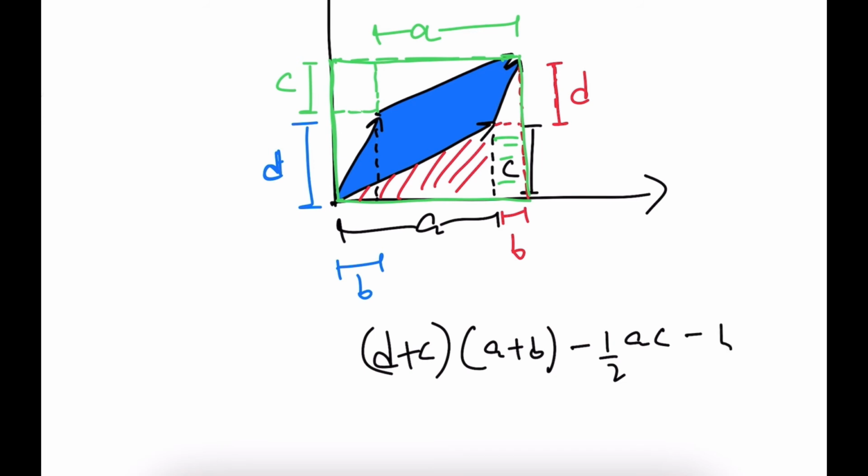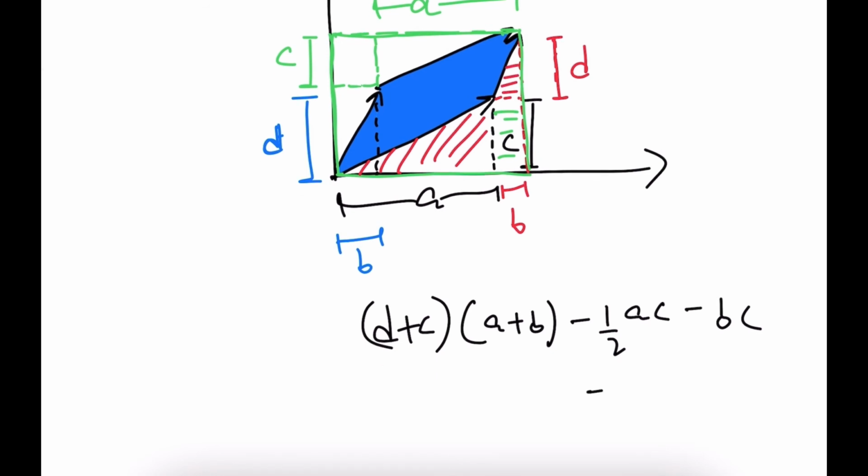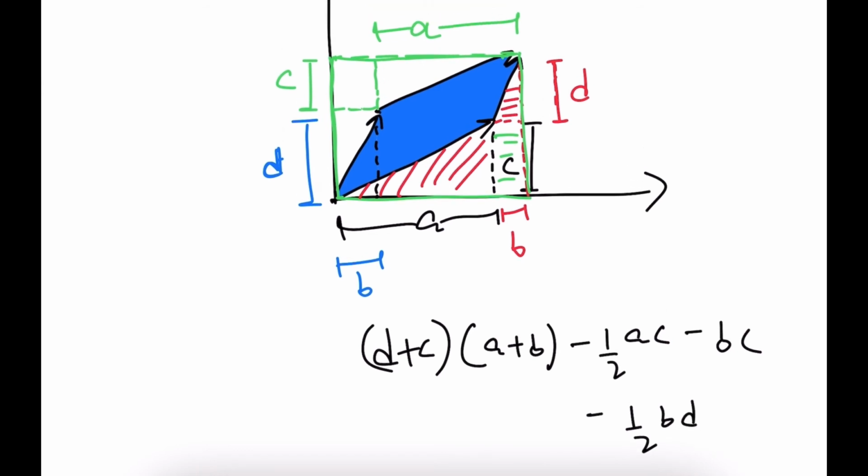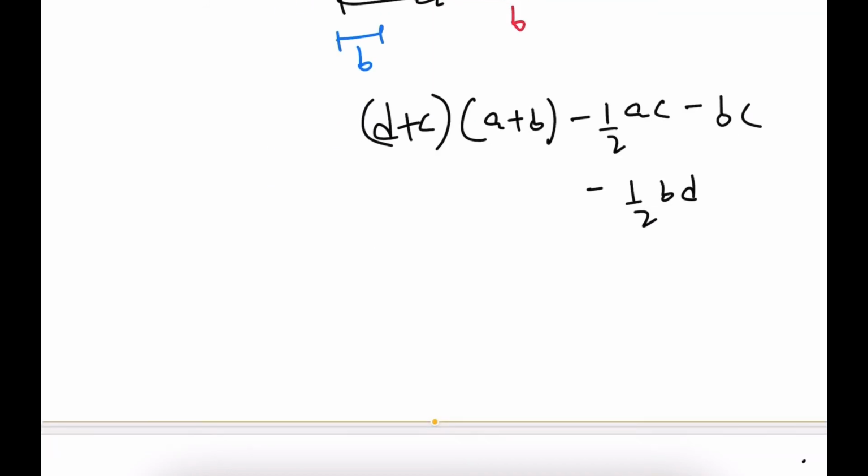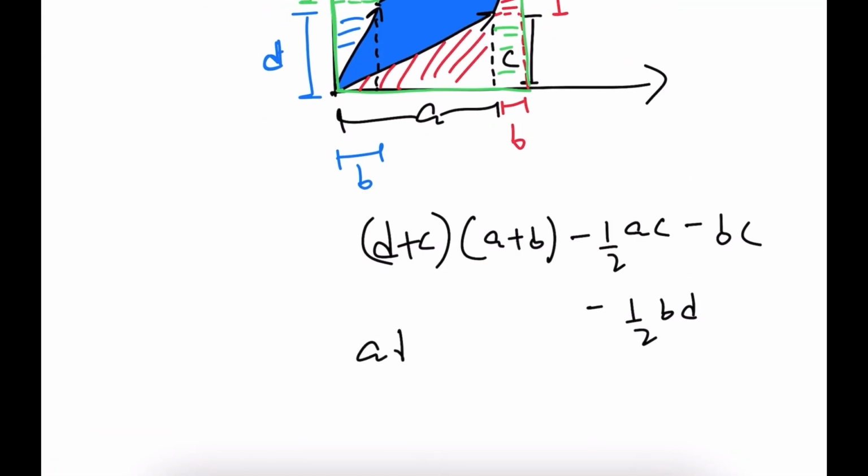That will be minus B into C. And then there's another triangle on top, which I can mark with red. That will be minus half BD. And yeah, you basically get the gist, right? You can just try this on your own. If you subtract all that, the final answer will basically be AD minus BC. So this is basically the interpretation of the determinant.